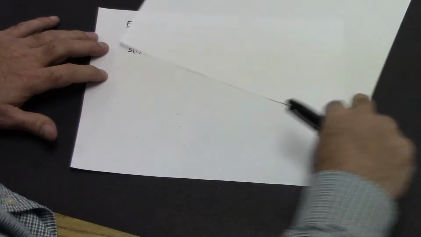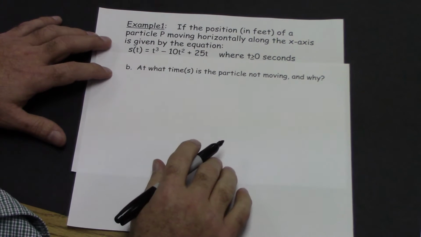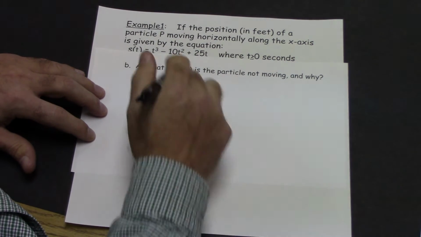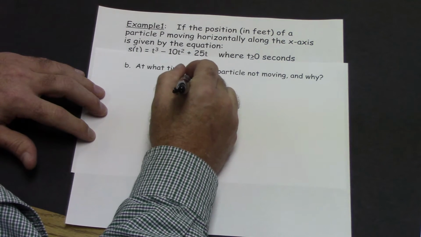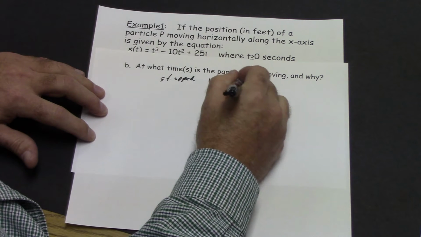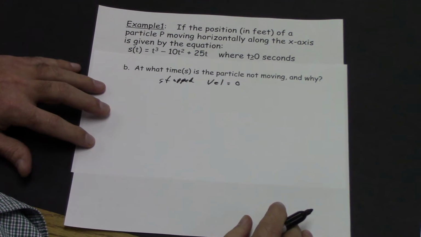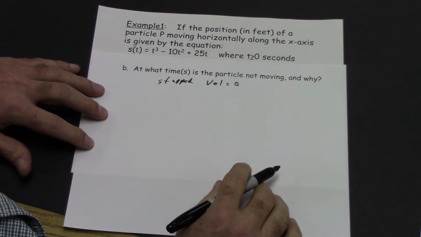This is part B. At what time or times is the particle not moving, and why? So when is it not moving? The particle is stopped when the velocity is equal to 0. We've got our position equation here, t cubed minus 10t squared plus 25t.